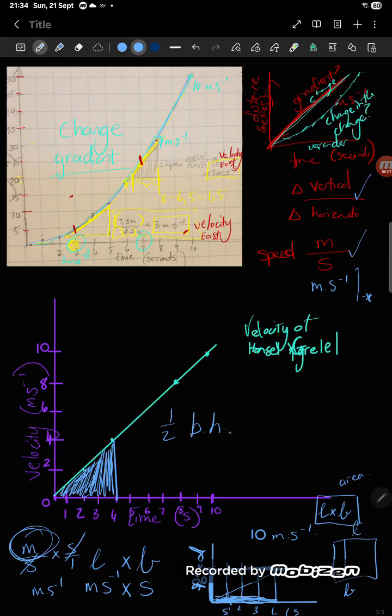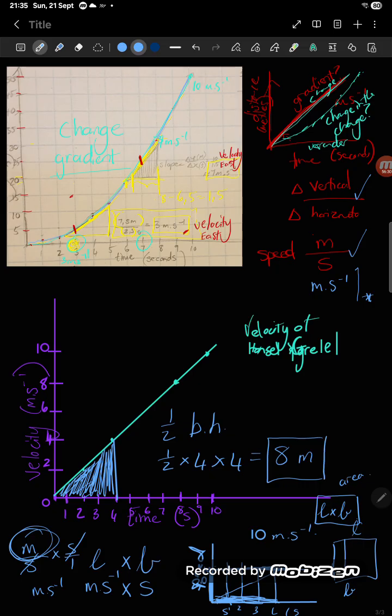Half base times height, and it's perpendicular height. So I'm going half times base is 4. Now you can choose either one, because 4 times 3 is the same as 3 times 4. Okay, so half base times height, half 4 times 4. And 4 times 4 is 16, half of that is 8. So I went 8 meters.